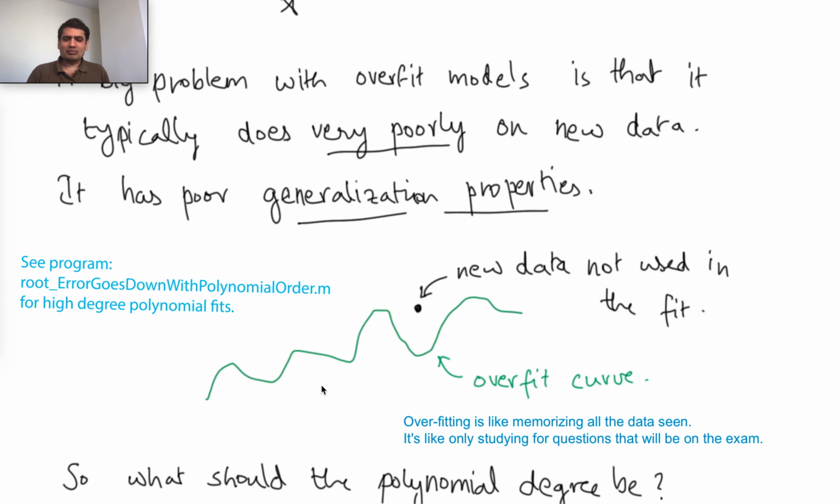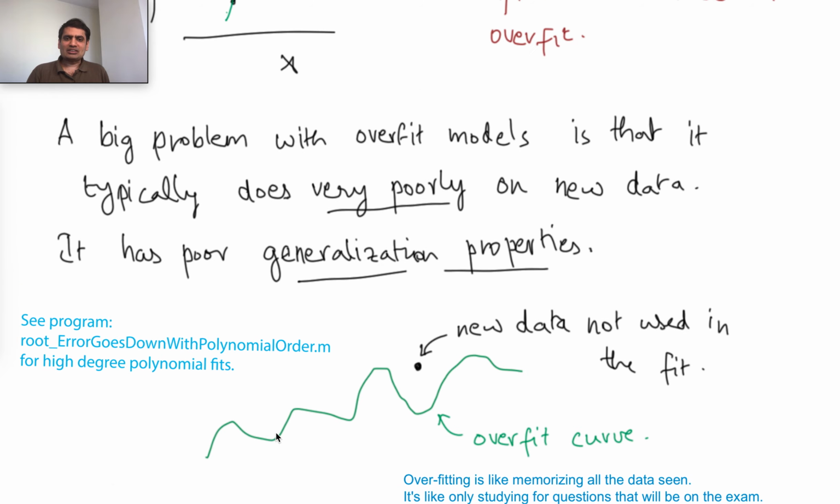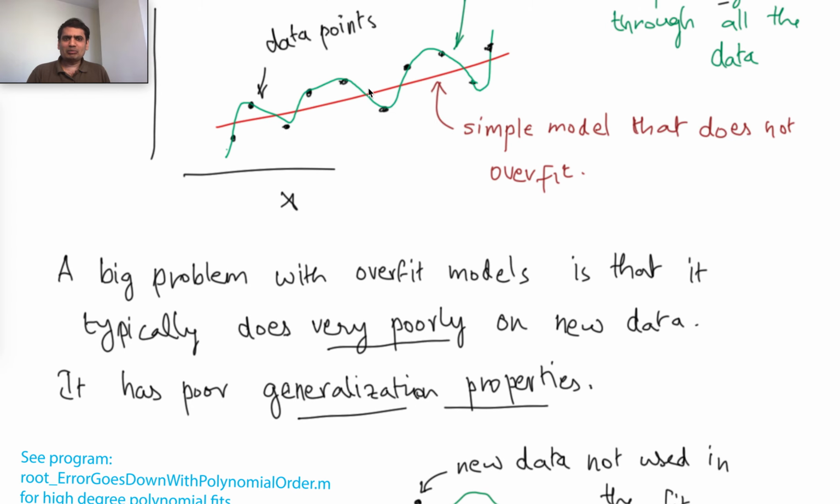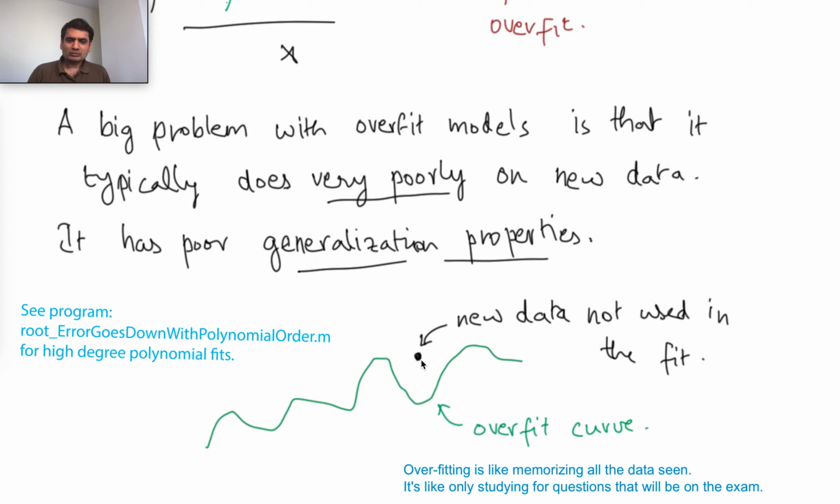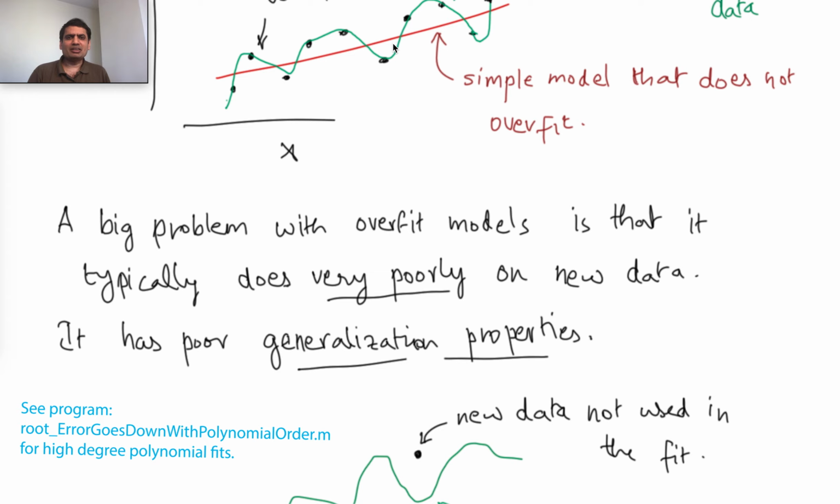Here's a picture of that. You have this overfit curve, and you might have a new data point that roughly follows this linear trend, maybe somewhere out here, but it might be pretty badly predicted by this overfit curve, or at least much worse predicted than by this linear trend.